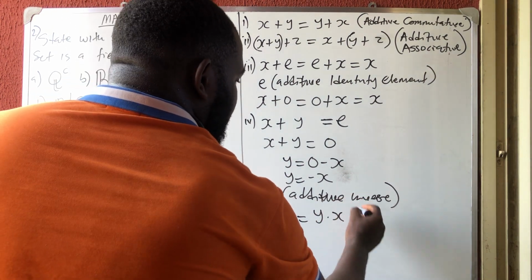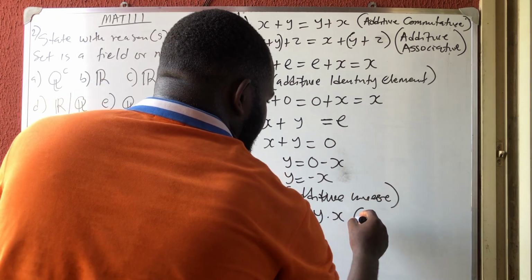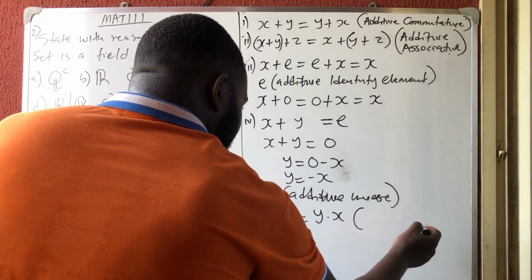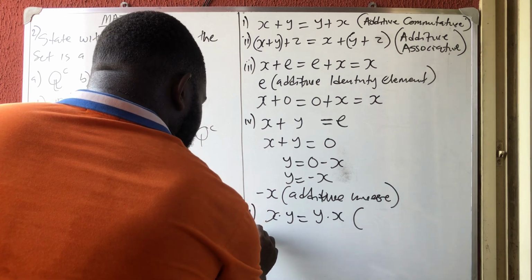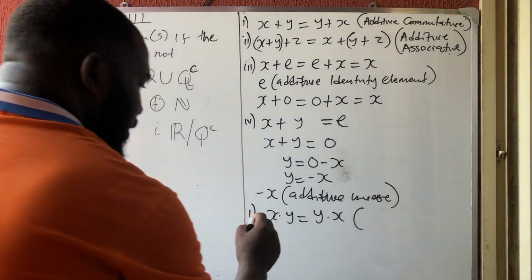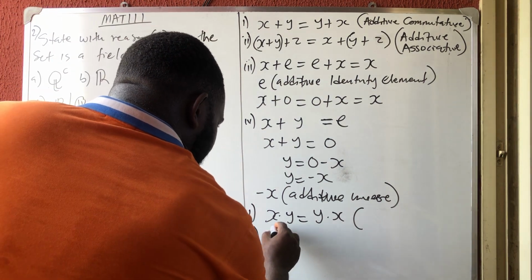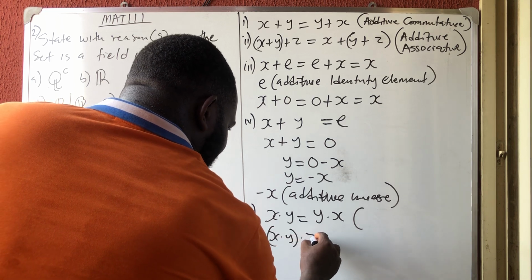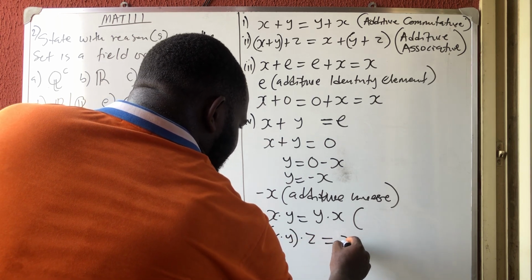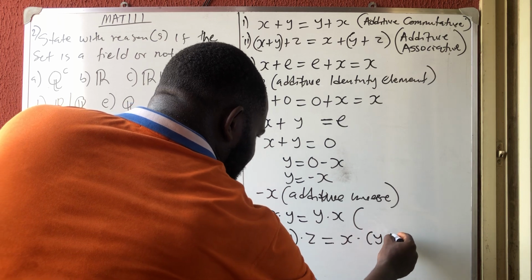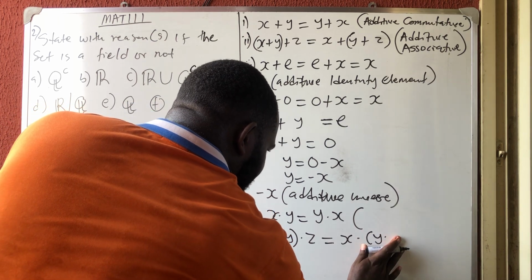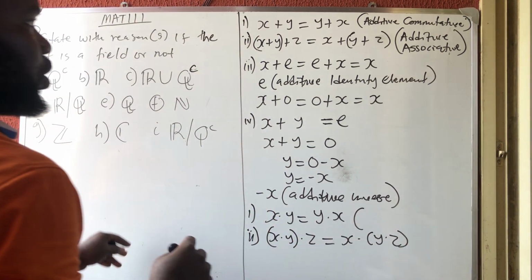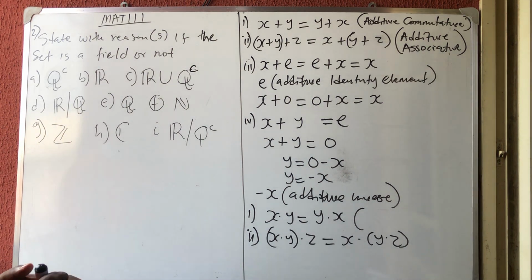Then the next one is associativity: if I say x times y, and then use it times z, do I get the same thing as x times the result of y times z? Once they are the same thing, we call it multiplicative associativity.